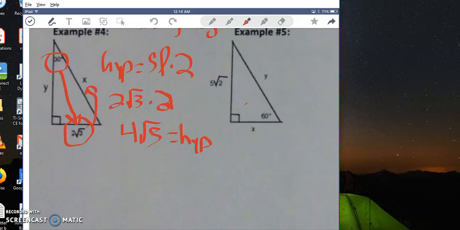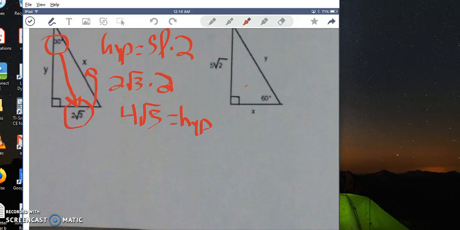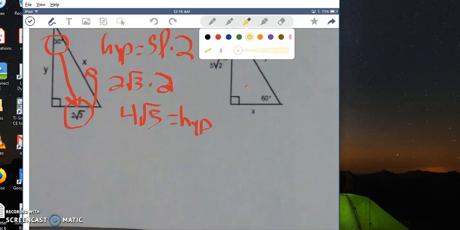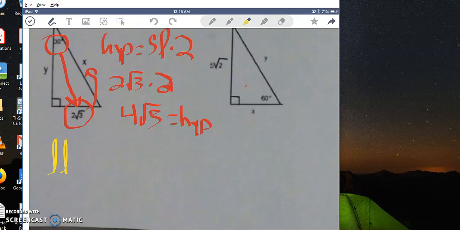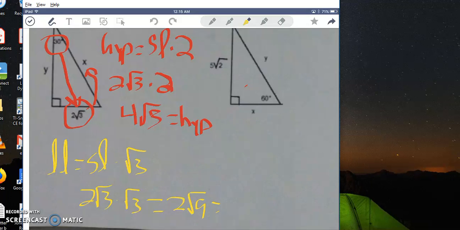To find your long leg, that equals short leg times radical 3. We have 2 radical 3 times radical 3. When you multiply those, you end up with 2 radical 9, and radical 9 is 3, so you end up with 2 times 3, which is 6. So y is going to equal 6.